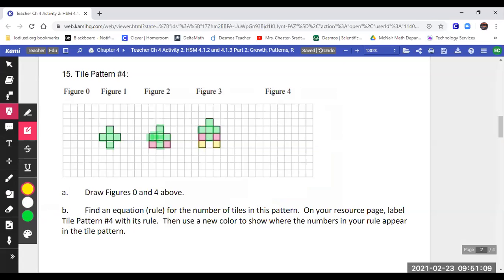Okay, we have to draw figure 0. So something changed from figure 1 to figure 2. What changed from figure 1 to figure 2?